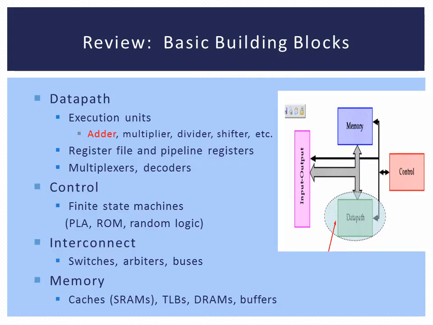Let us start with the basic building blocks of digital device components. This is the data path unit which processes the data. This is the control unit which controls the program flow, the memory unit which stores data and results as well as the program, and this is the IO unit.